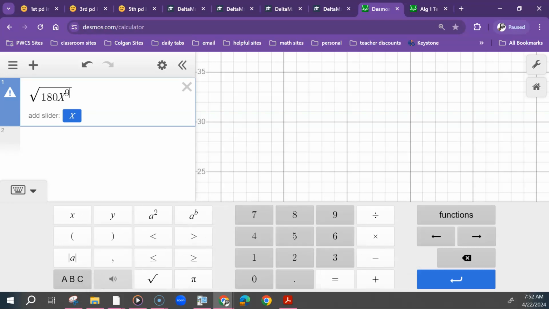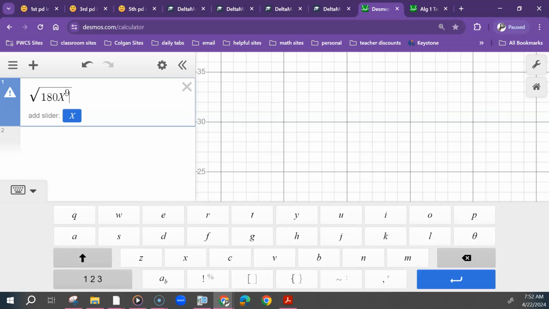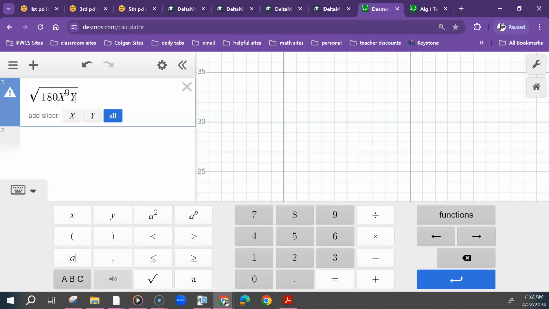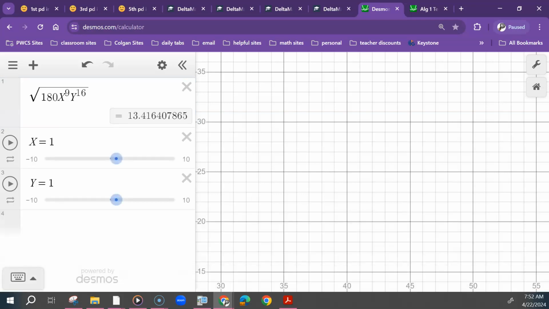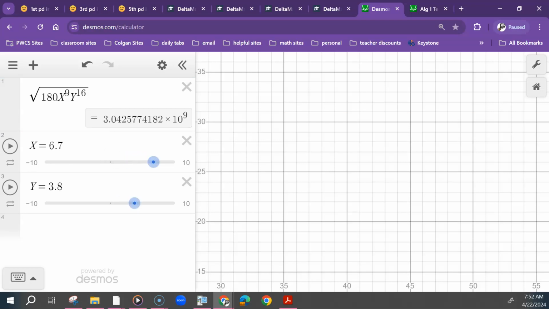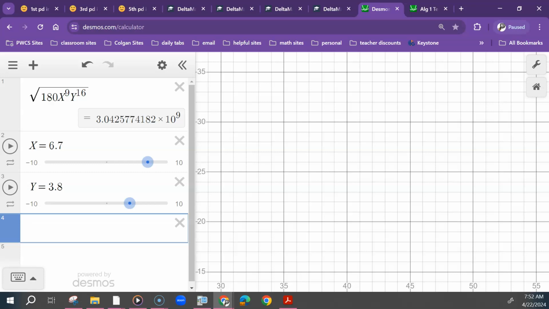It's going to try and graph it, and that's not what we want. I'm going to add in my sliders, change these to something positive other than 1. And then I'm going to put in my answer choices.